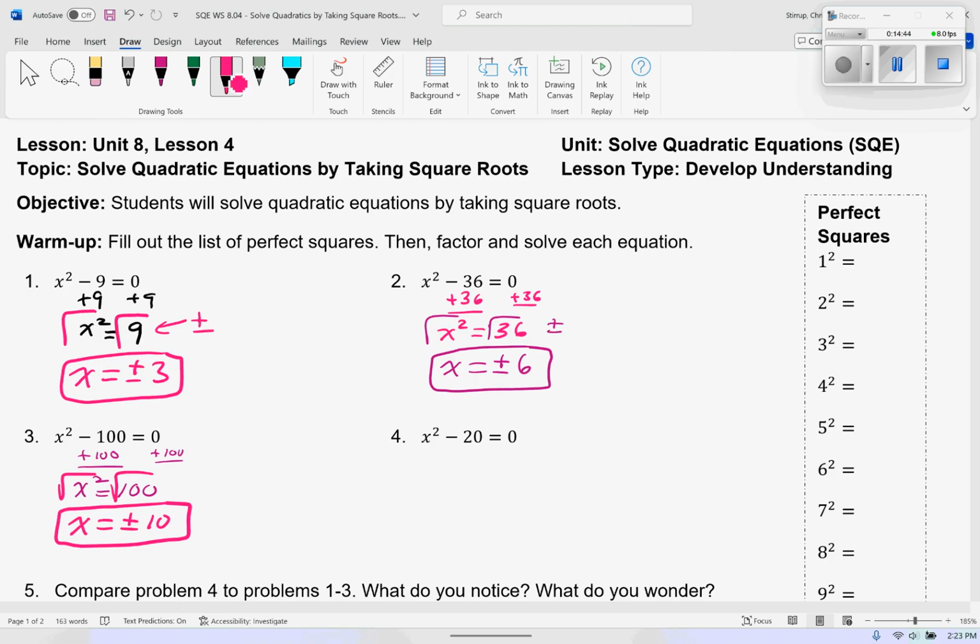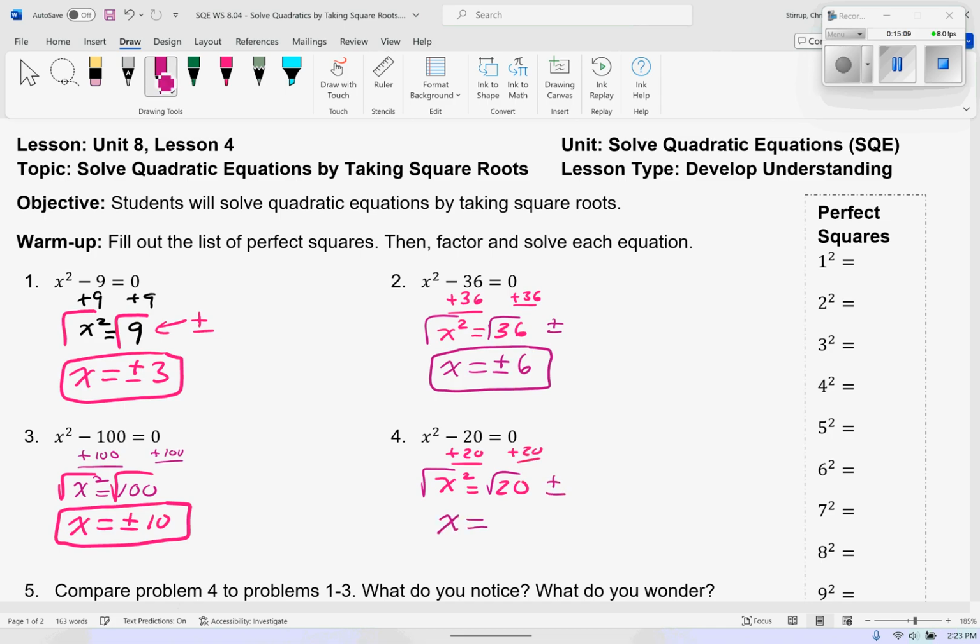All right. This one changes just a little tiny bit. Starts out the exact same. What do I do to both sides to get x by itself? Root. Sound good? Root. Don't forget what for the number side? Plus minus. All right.